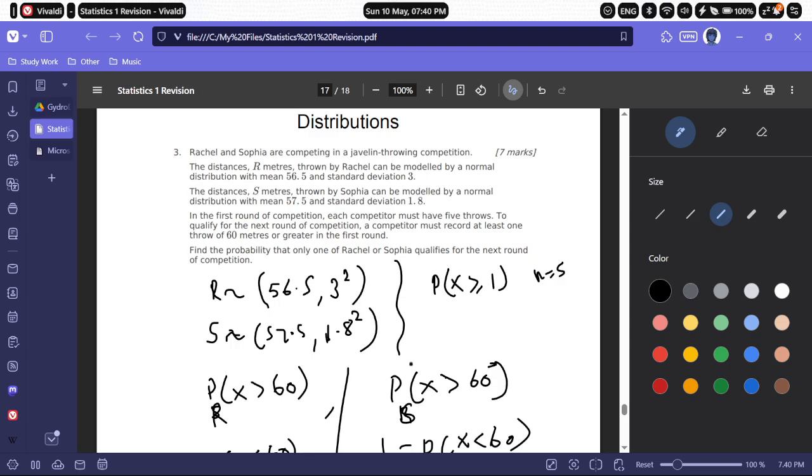So this is going to make use of a binomial distribution, where n is 5 and you're finding the probability of X greater than or equal to 1. That's the same as the complement, 1 minus the probability that X is equal to 0.